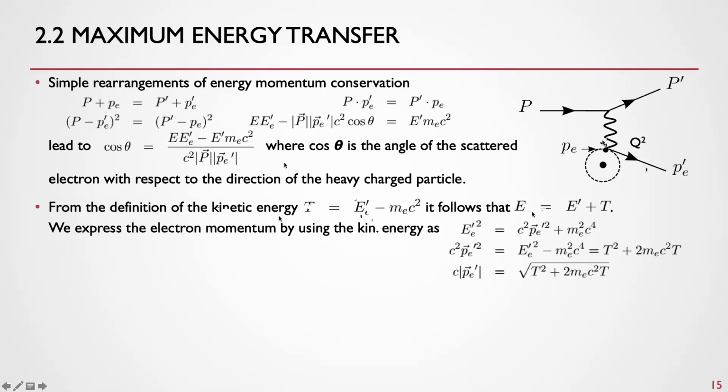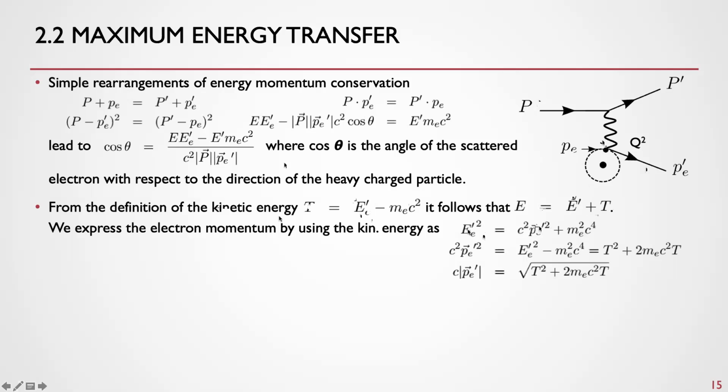It then directly follows that the energy E of the ingoing proton, sorry, I'm always saying proton, it's not true, the ingoing heavy charged particle equals the sum of the two energies, E prime of the outgoing heavy particle plus the kinetic energy of the electron, because the rest mass of the electron was already there.